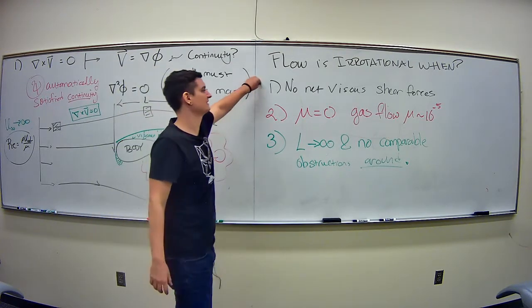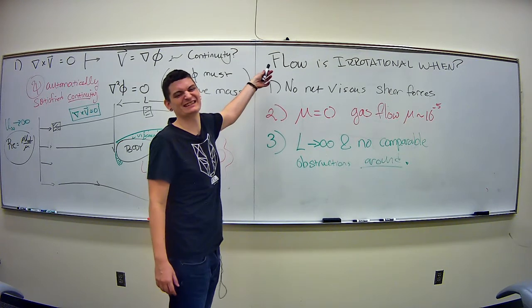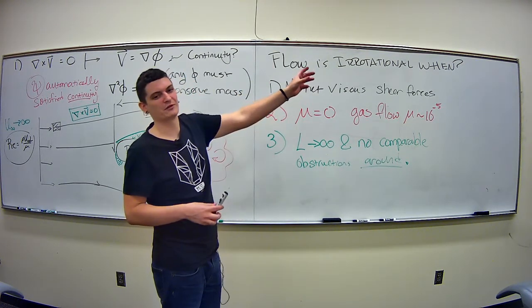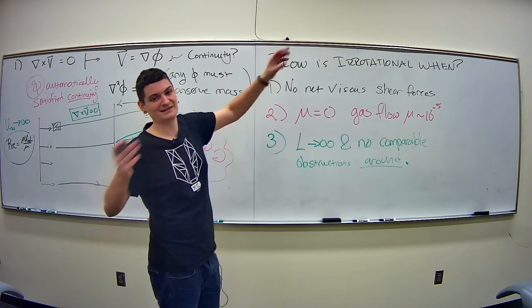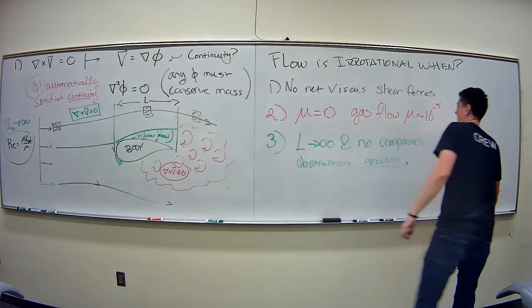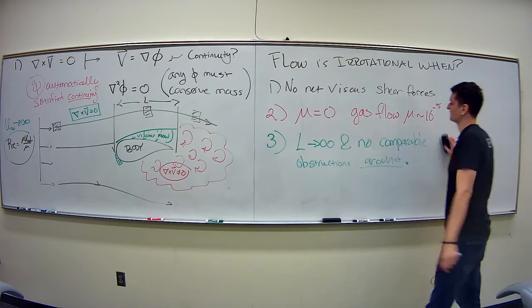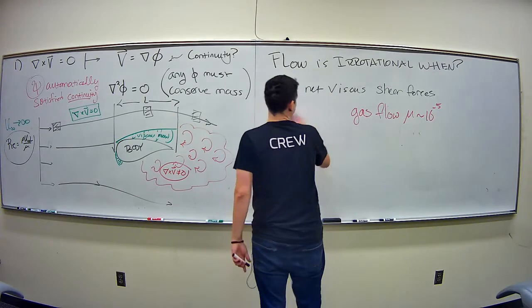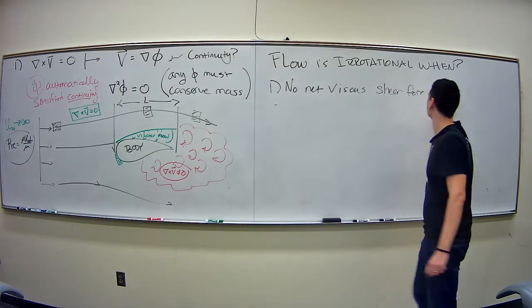And that's this idea that even though it's viscous, there's no net viscous shear forces on some element of area. And again, you show that through the cross product of V. It has to have reference to some amount of little tiny bits of area. This is sort of a separate one, where if your length scale is far away from any sort of viscous forces at all, well, they don't really matter.